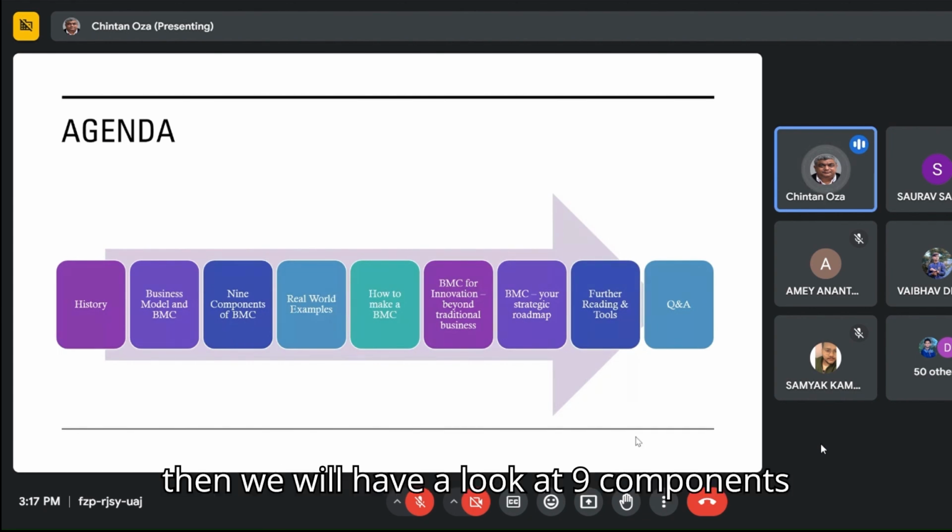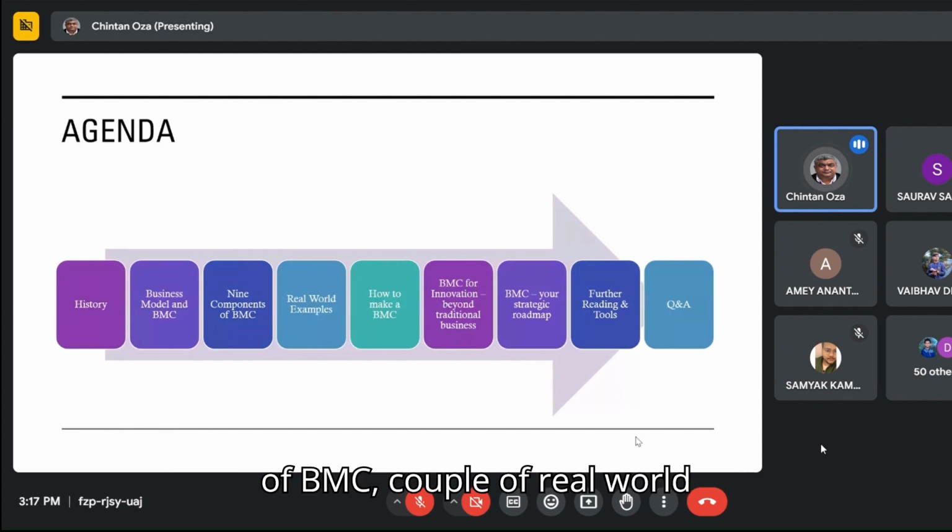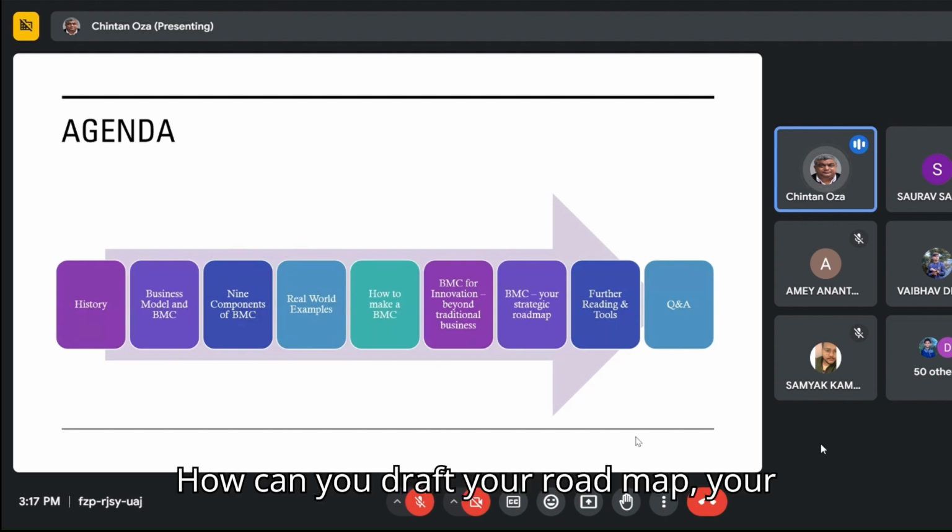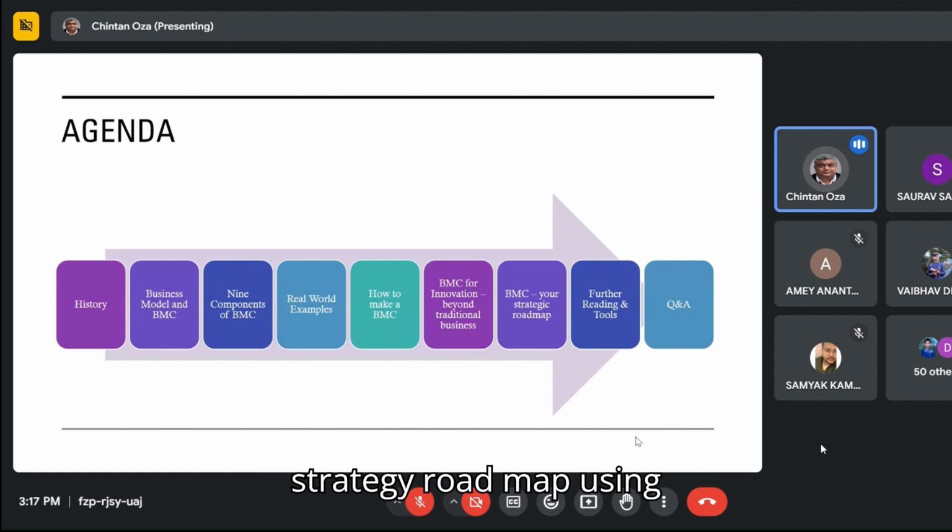Then we will have a look at the 9 components of BMC, a couple of real world examples, learn how to make one BMC, how BMC encourages innovation, and how you can draft your strategy roadmap using BMC.